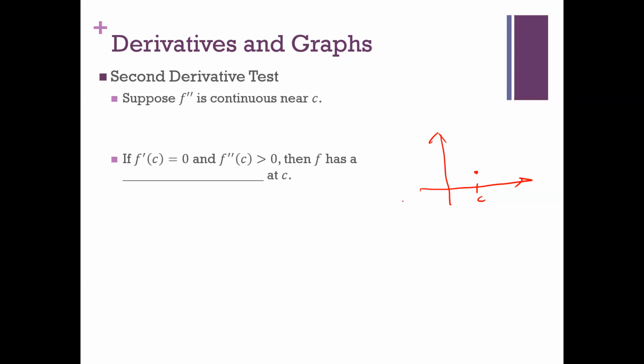I have a horizontal tangent at this point, right? But what's happened to those tangents as I go to the right? They're becoming positive. And let's look at the other side. As I'm coming into this point from the left, what has to be true about the slopes?